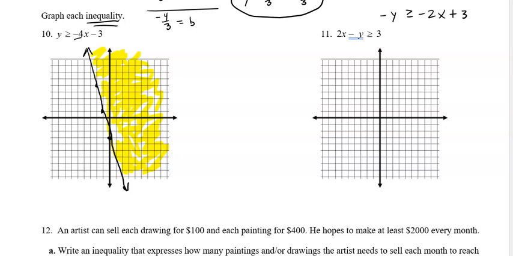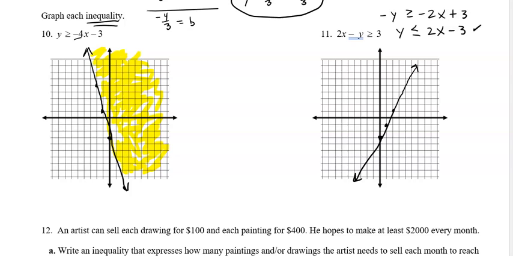So first thing I'm going to do is subtract 2x, and now I'm going to divide by negative 1. So you got to be careful here because that's going to switch the inequality since I divided by negative. All right, start at negative 3. Count a slope of positive 2. Do a solid boundary line through those points.